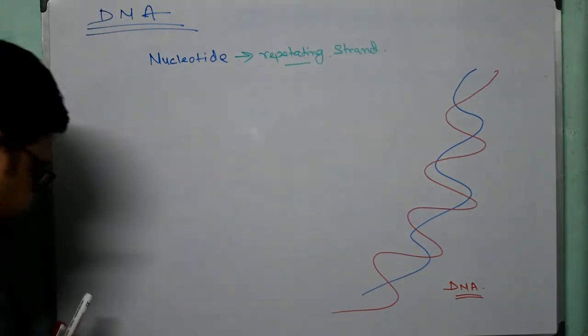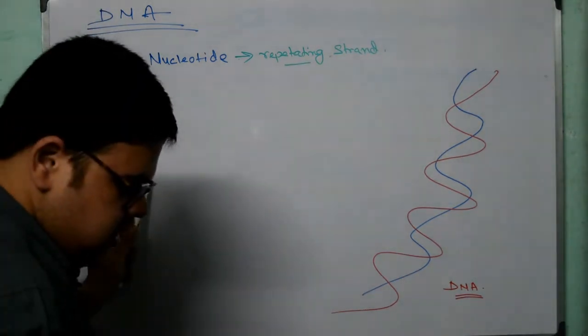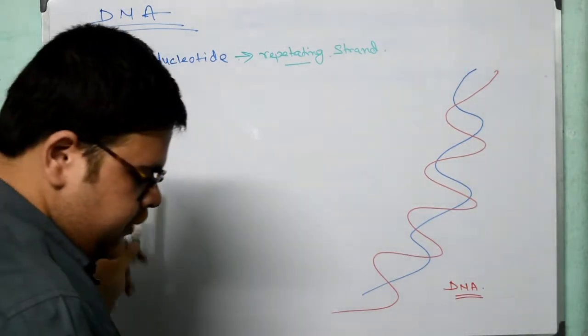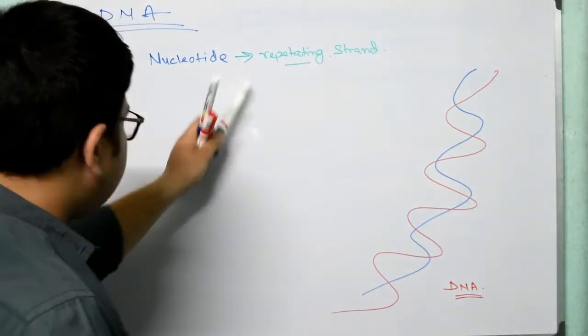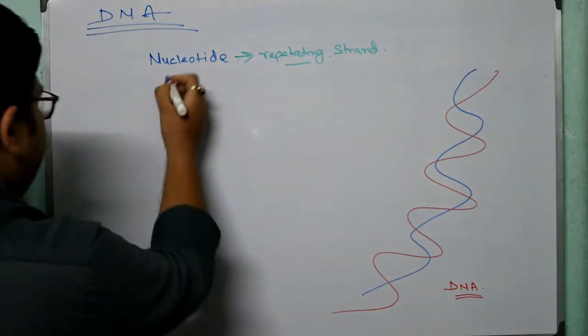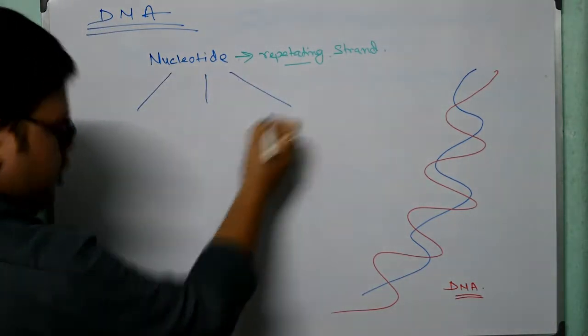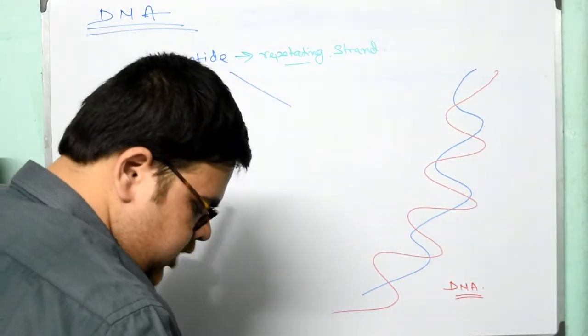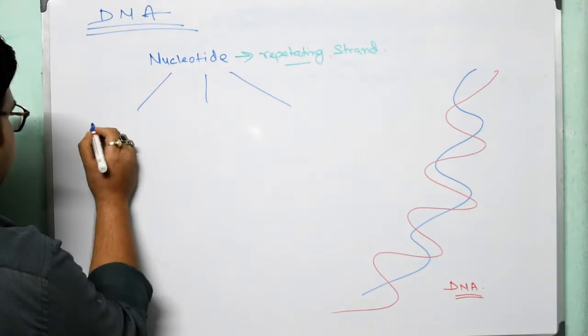Along with this, each single DNA strand is composed of repeating nucleotides. These nucleotides are made up of 3 components. Number one is phosphate.